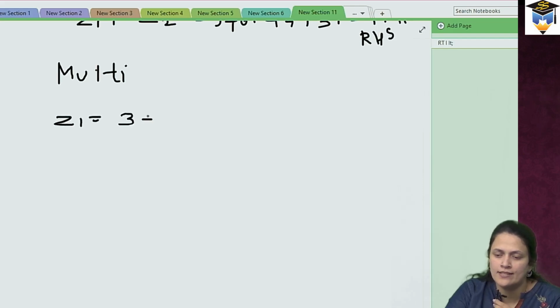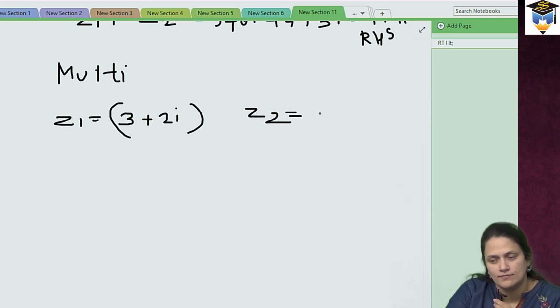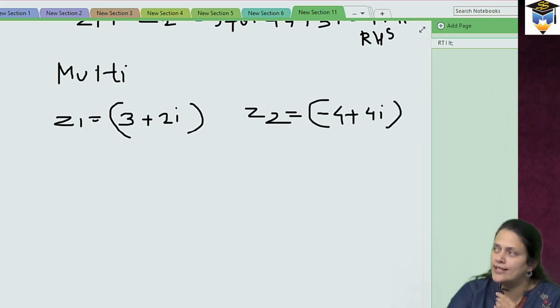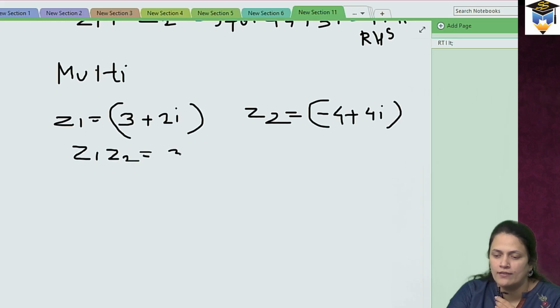Suppose Z1 is 3 plus 2i and Z2 is taken as minus 4 plus 4i. And you have to multiply Z1 and Z2. So Z1 multiplied by Z2 is going to be 3 plus 2i into minus 4 plus 4i.